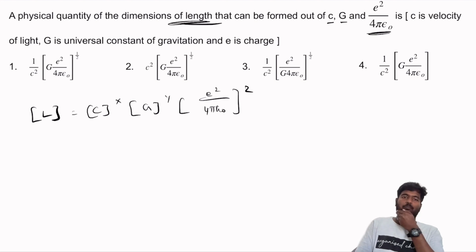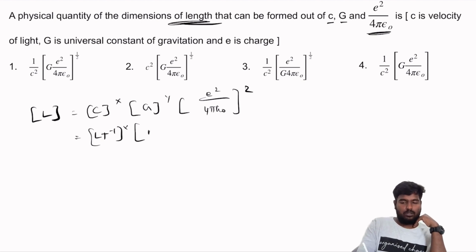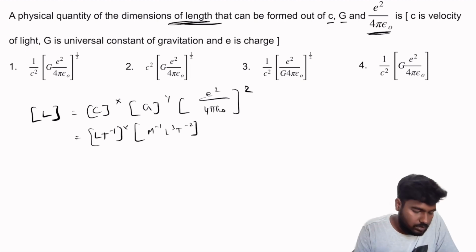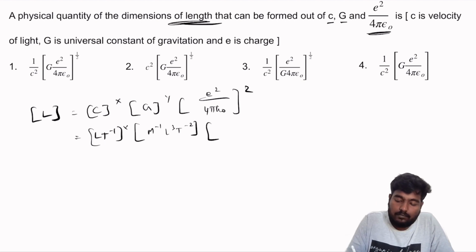You know that c is velocity of light, so L t power minus 1 to the power x, and G is gravitational constant, so m inverse L cube t power minus 2. See, you should not make any dimensional mistakes in the beginning. It will cost you time. And what is the dimension of this quantity, e square by 4 pi epsilon naught?